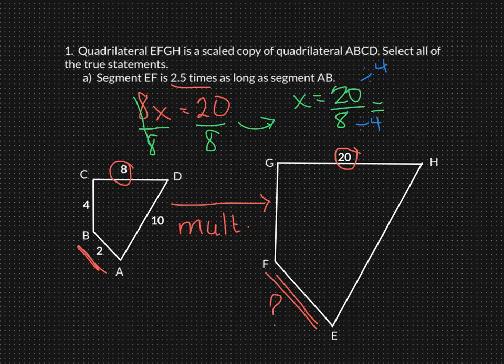So 20 divided by 4 is 5, and 8 divided by 4 is 2. And if I reduce that even further, that equals 2 1/2. So my question says, is it 2.5 times as long? The answer is yes, it is. So that means A works.